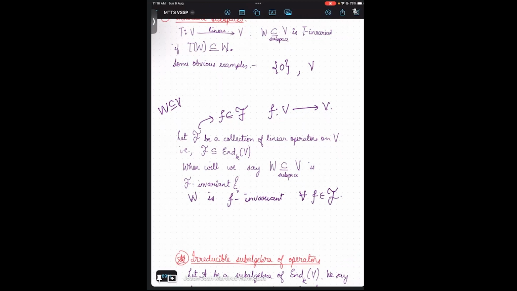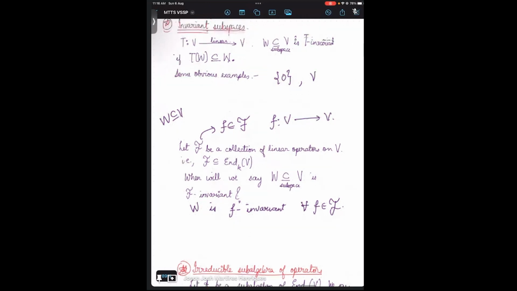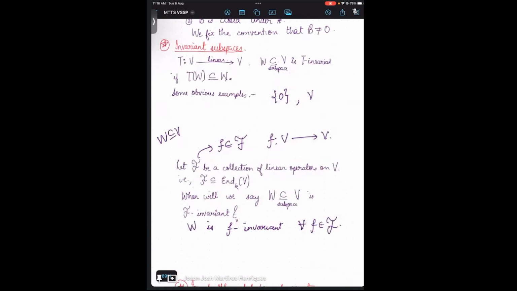Right. So now, before we go further, if I give you any collection of linear operators, we just saw earlier that for any linear operator, the zero subspace and the full space are always going to be invariant under that linear operator. So if I give you any subcollection of linear operators, I can always associate these same two subspaces for sure as being invariant under that collection as well.